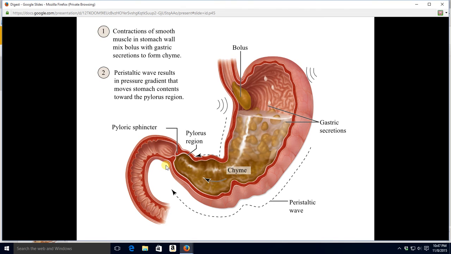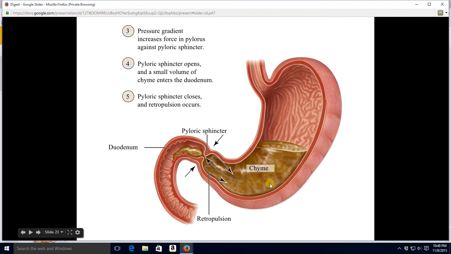Okay, when the stomach is doing its peristaltic actions, it's going to mix the bolus of food with the gastric secretions to make chyme. Now, as the wave of peristalsis happens, right now our pyloric sphincter is closed, so everything's just mixing right now, but eventually the pyloric sphincter opens up just a little bit, and a little squirt of chyme shoots through into the duodenum.